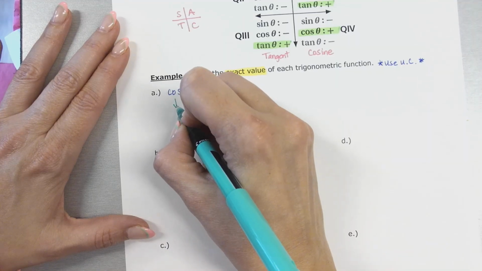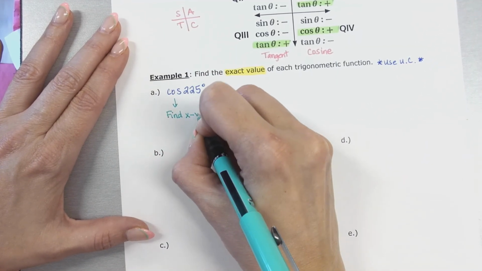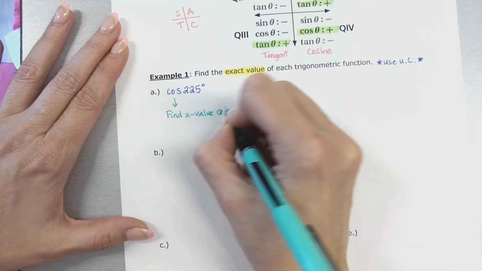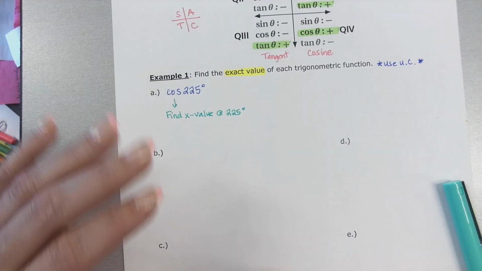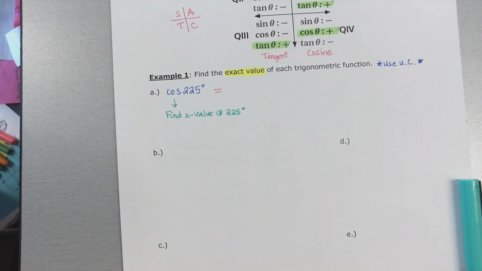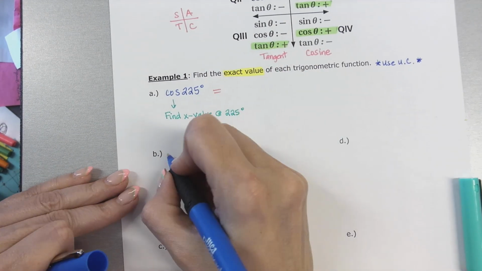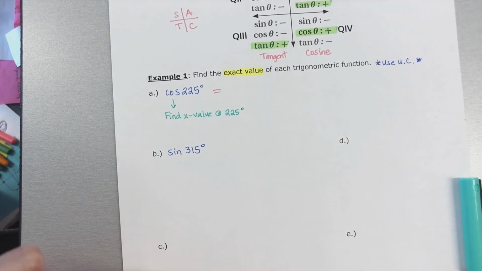Okay, so what this means is find the x value at 225 degrees. Okay, once you found it, I want you to write it down here. And then you can see if you can do B. If you need me to help you, I will help in just a moment.